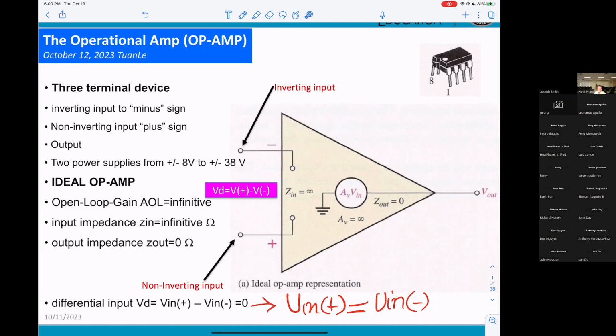And the VD, that means the differential input, will be equal to V at positive minus V at negative, and they want it to be 0. So all the time, V in at positive will be equal to V in at negative.